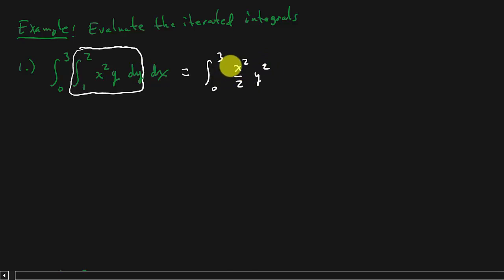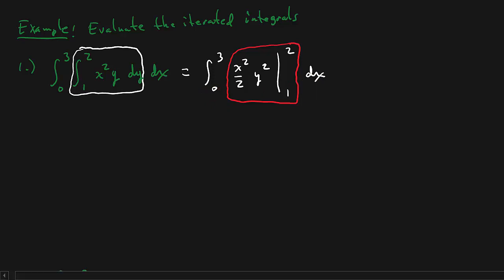And that is from 1 to 2. We're evaluating it from 1 to 2, and then dx. Now I've got to work on this part. I've got to evaluate that. Pretend like this and this are not even there right now. That's all you got to do. And so this is going to be 0 to 3, and that's going to be x squared over 2.